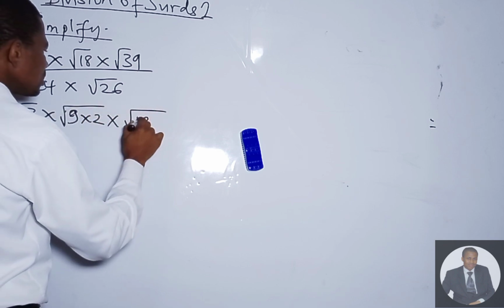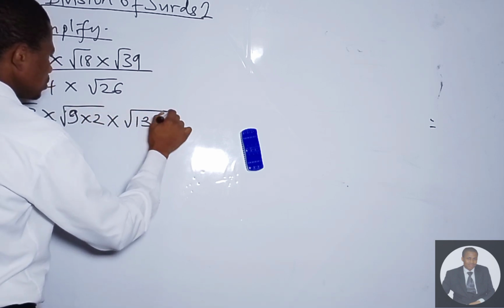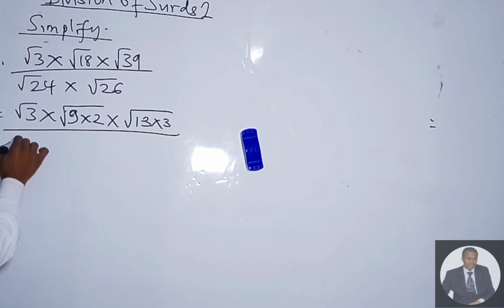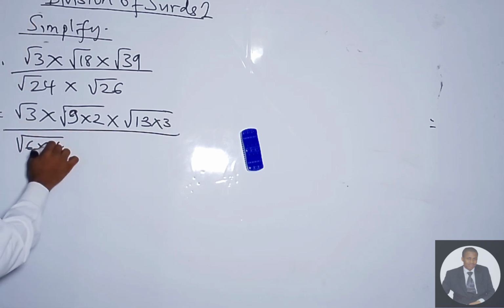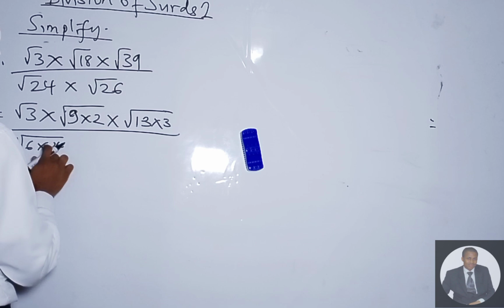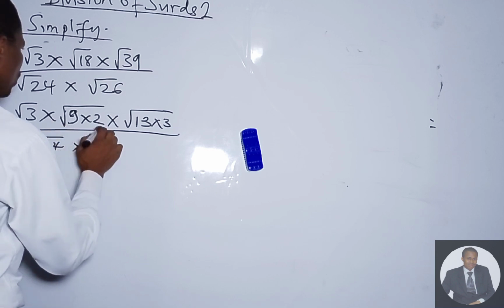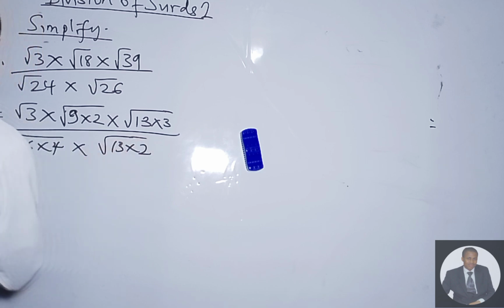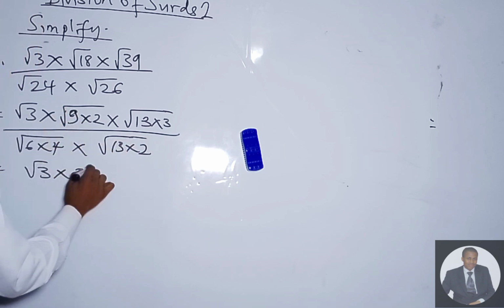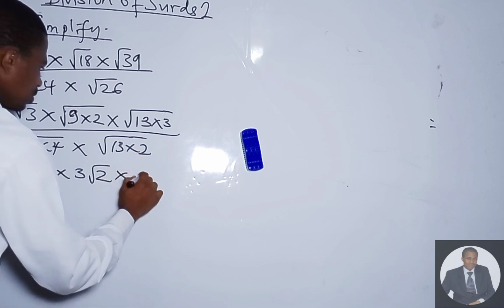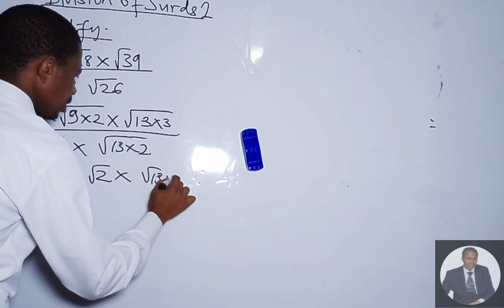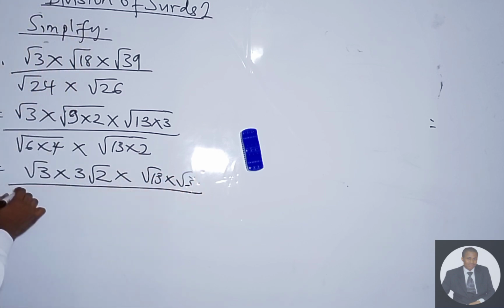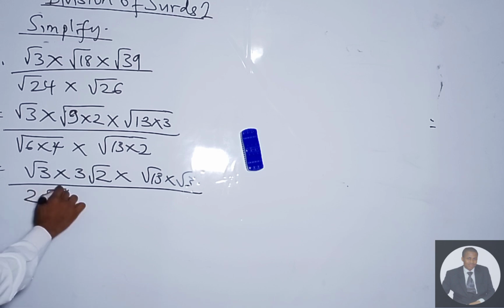Root 39 is saying root 13 times 3, all over. Root 24 is root 6 times 4, while root 26 is root 13 times 2. We have root 3. The square root of 9 is 3, root 2 times root 13 times root 3, all over. The square root of 4 is 2.